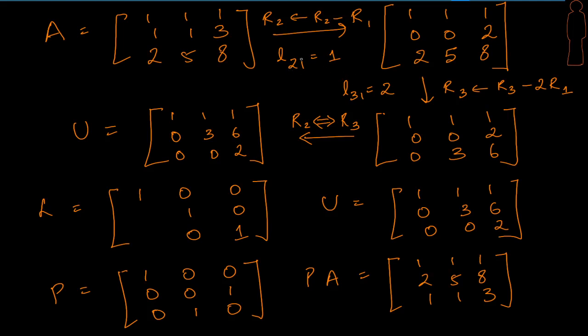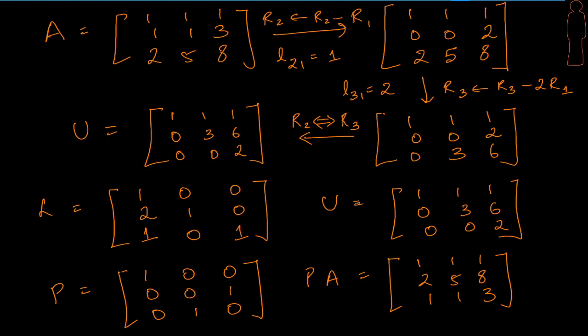So L21 came below, therefore I am putting a 1 here, and since L31 is 2, I am going to put a 2 here. I hope this point is clear of where to place the multipliers. We shouldn't place the multipliers according to the original positions, but by their swapped positions.